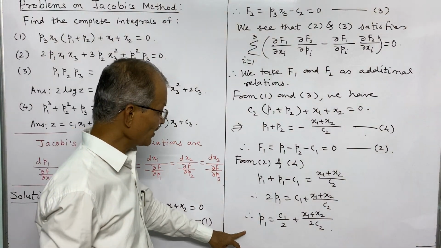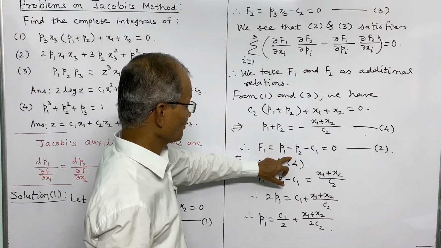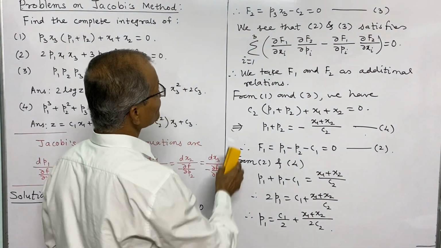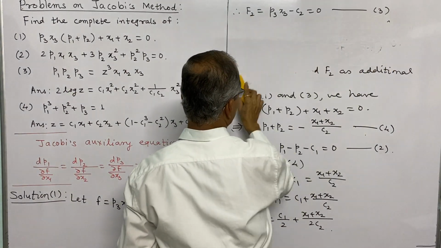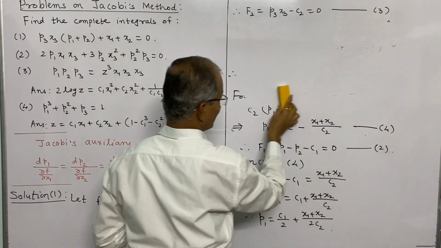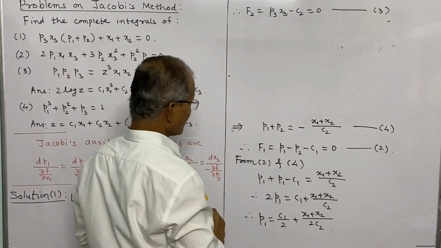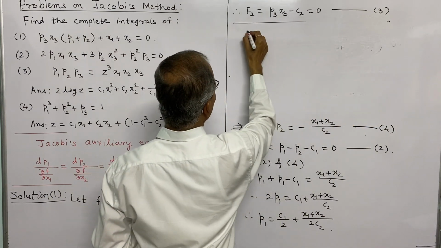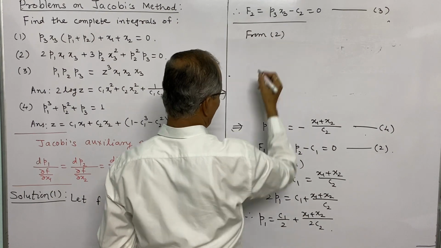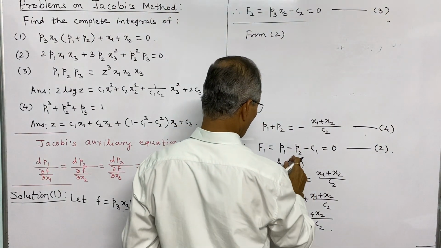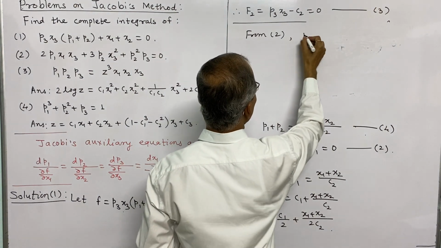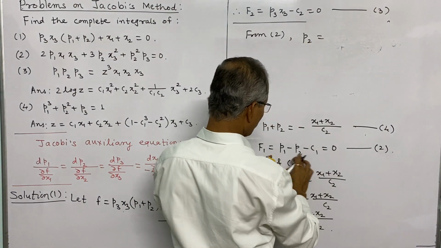And once we have obtained P1, we can write P2 from second. So from 2, now what is P2? P2 is P1 minus C1.